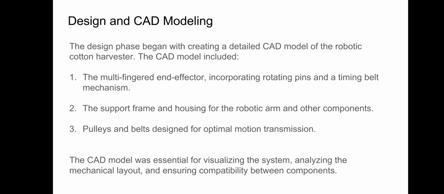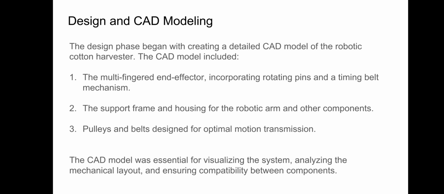The design phase began with creating a detailed CAD model of the robotic cotton harvester. The CAD model includes multi-finger end effectors, then the support frame for the housing of the robotic arm and other components, and third, the pulley and the belts designed for optimal motion transmission.